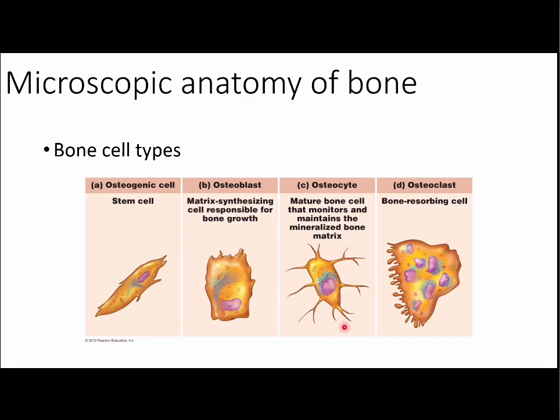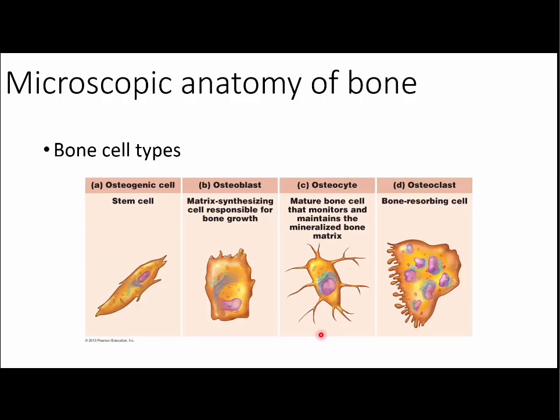So these spider-shaped cells, these are your mature bone cells. And when we were talking about cartilage before, and the chondrocytes, or those mature cartilage cells, they live in lacunae, or little depressions, little pockets. Your osteocytes also live in lacunae. So they live in these little pockets.